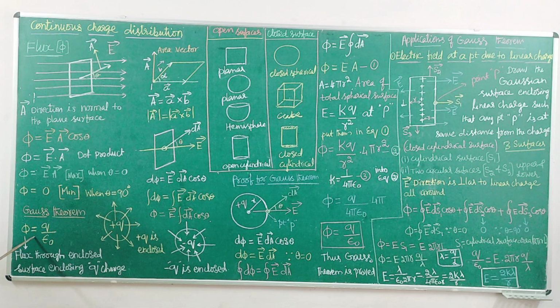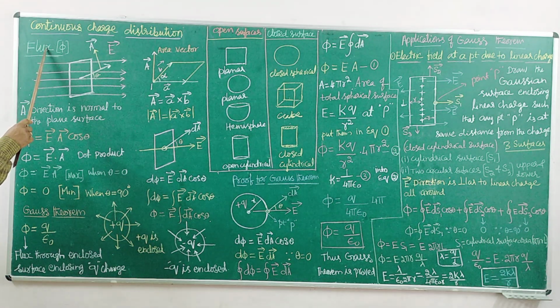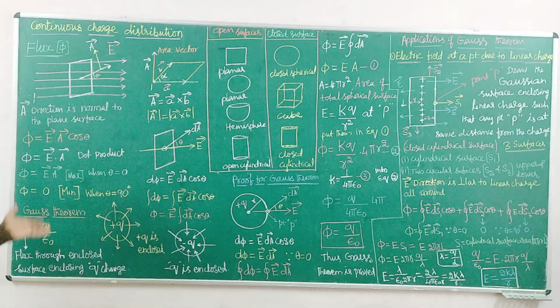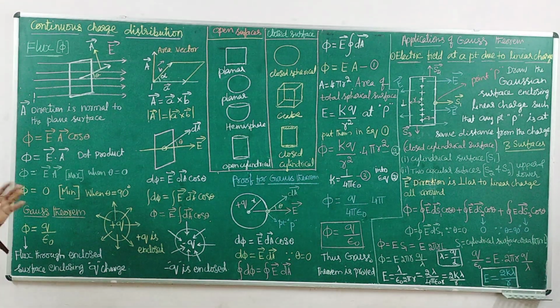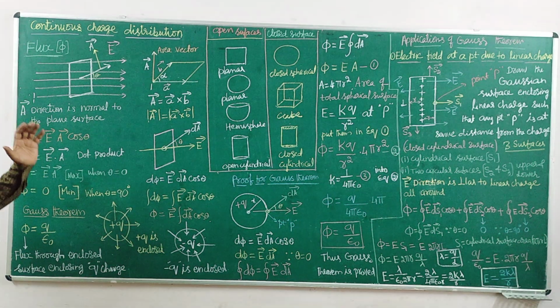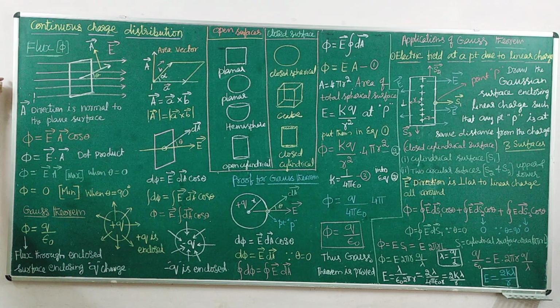So this is known as Gauss theorem. It has been proved. So that is the meaning of flux with respect to any surface. If the surface is enclosed with a certain amount of charge, the total electric flux through the entire surface is exactly equal to Q divided by epsilon naught.